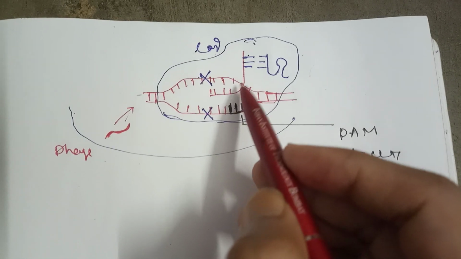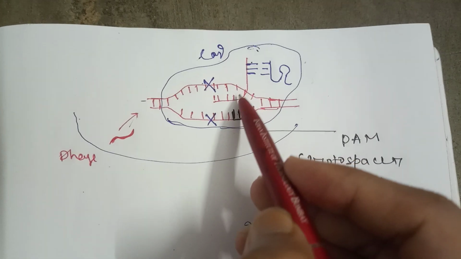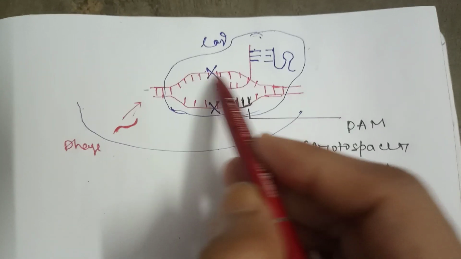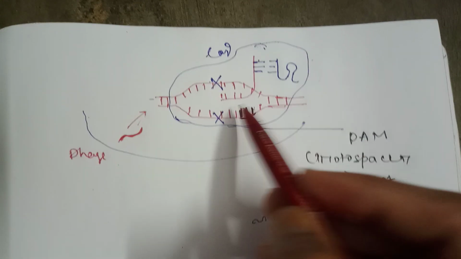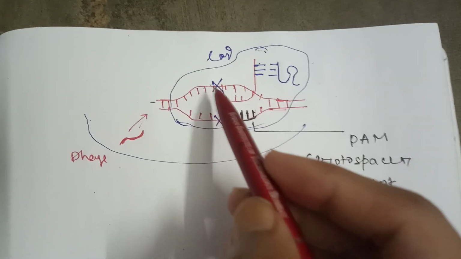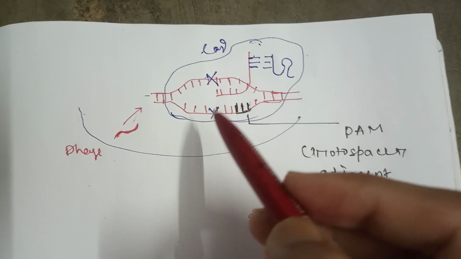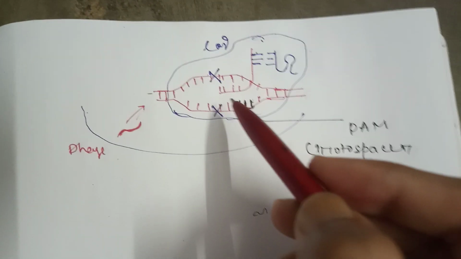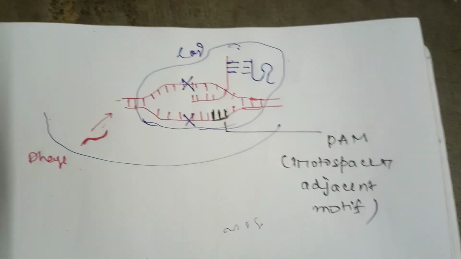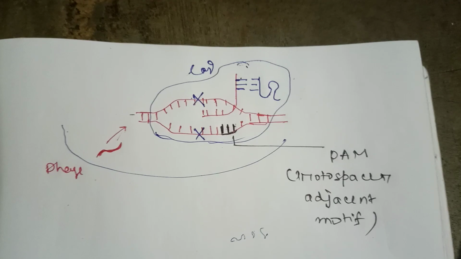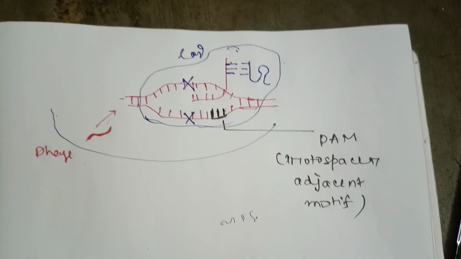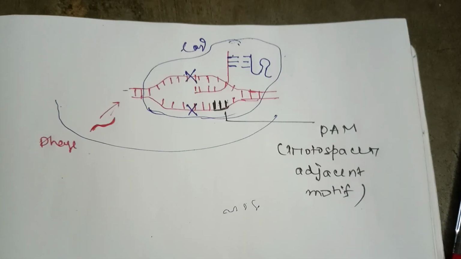So this is the effector complex, again I am telling, the spacer part of the effector complex will be complementary to the infecting virus, and then the PAM will be recognized, and in the upstream of this there is some sequence in both strands that will be snipped, and the virus will be neutralized, and it can't affect, as its genome can't do the transcription and can't make other RNAs. That's why it will be neutralized and the bacteria will be safe from its effect, right? So this is the general part of CRISPR, how it works in bacteria.